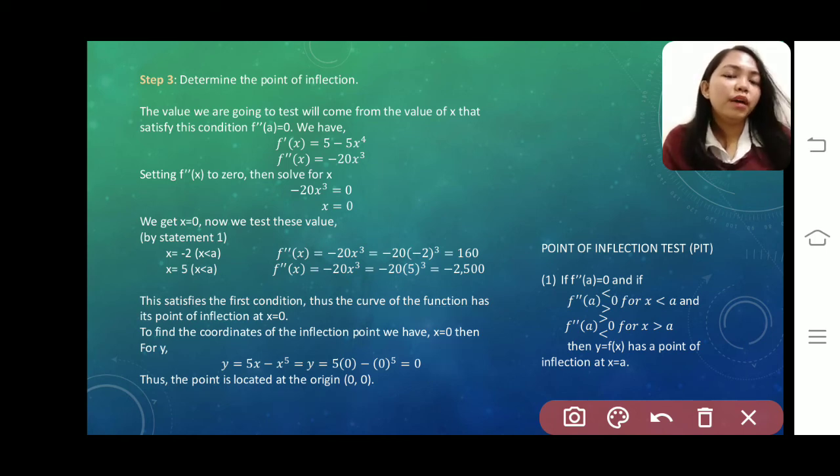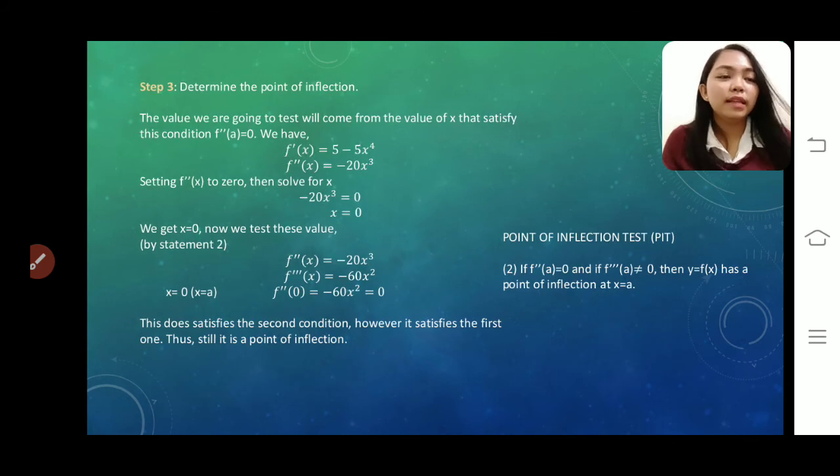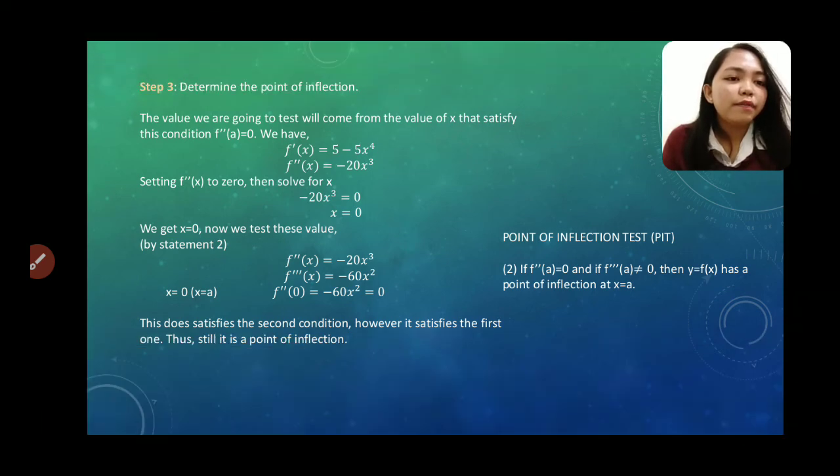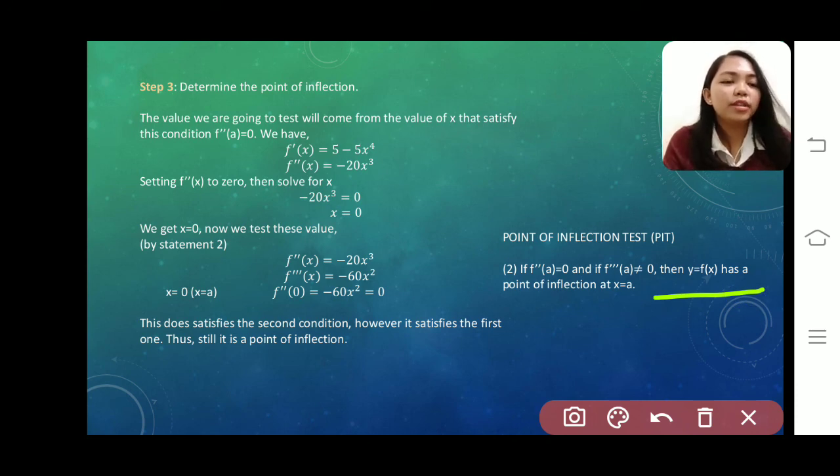So, how about we are going to test this value in terms ng second statement dun sa point of inflection test. Tingnan natin kung isa-satisfy din niya yung second statement. So, our second statement is ito. If the second derivative of the function is equal to 0 at x equals a, and if f triple prime of a is not equal to 0, then y equals f of x has a point of inflection at x equals a.